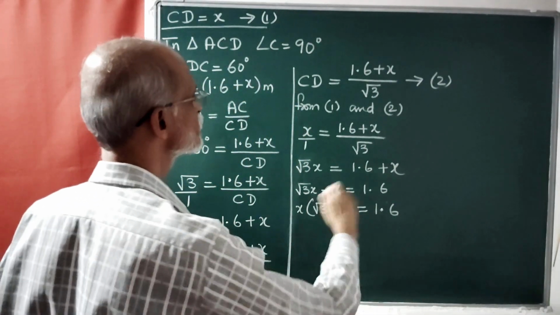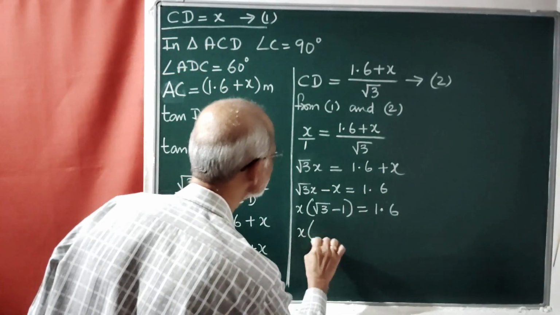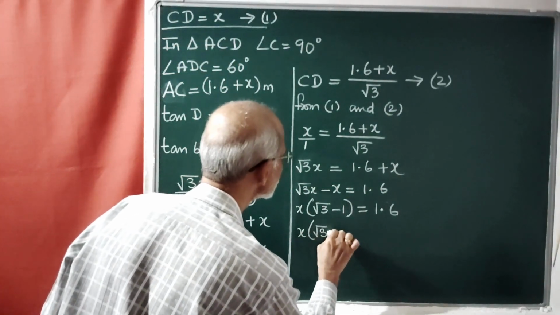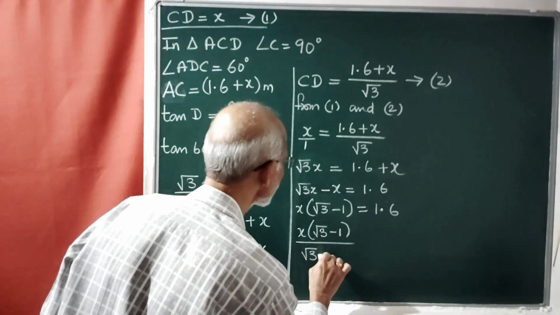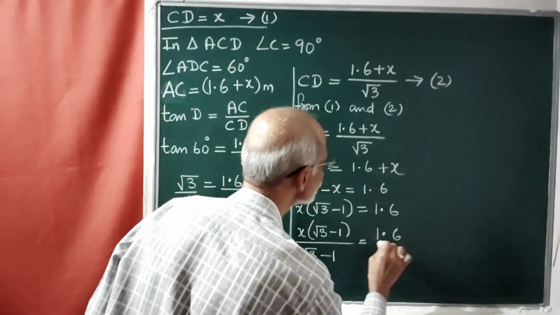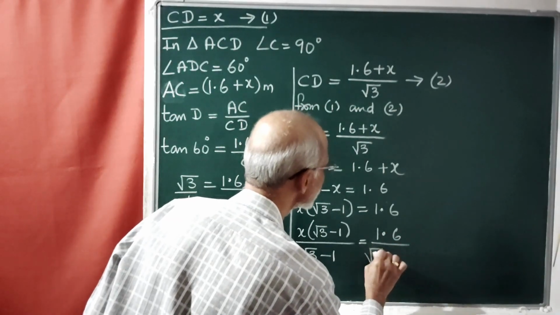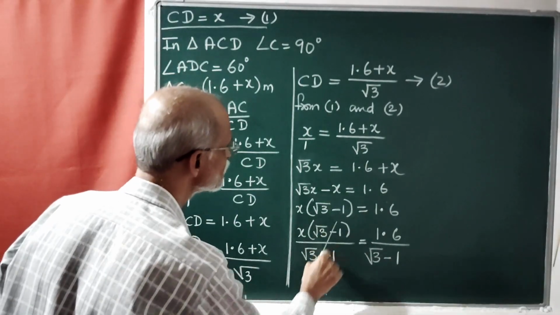I will divide both sides by root 3 minus 1, so this gets cancelled there.